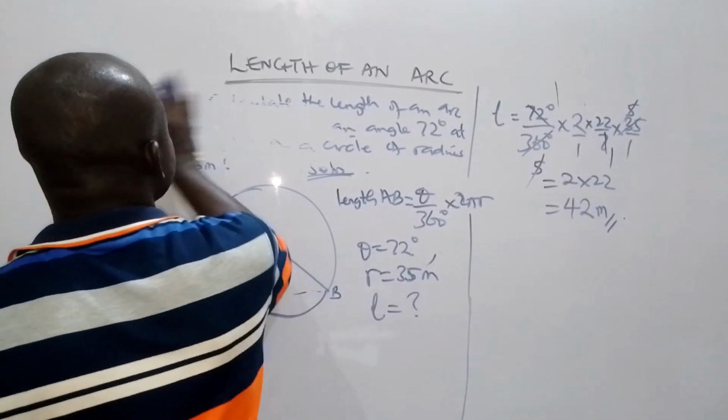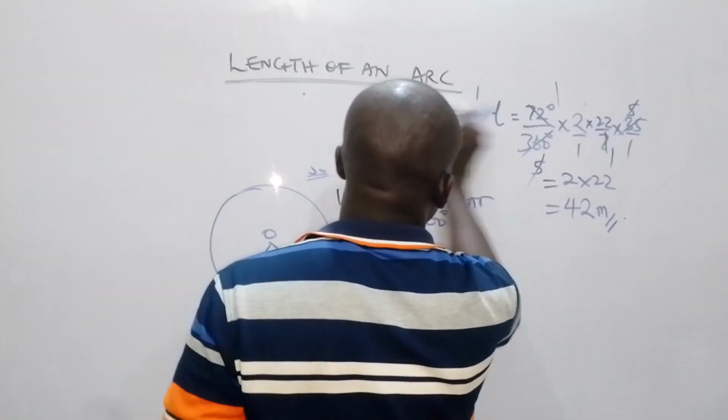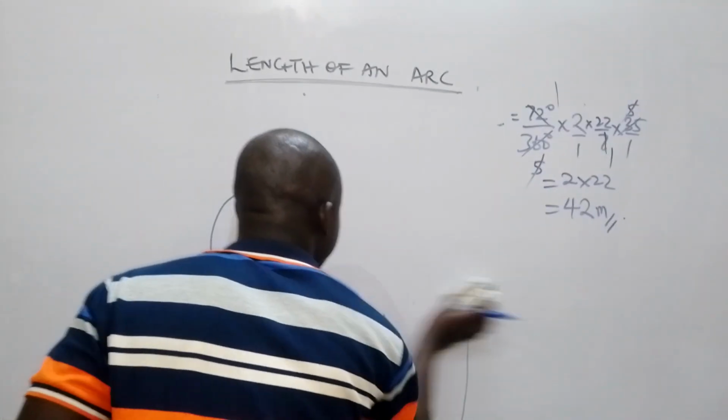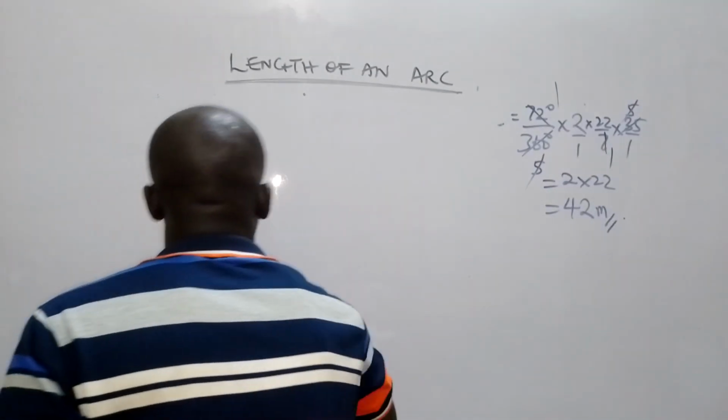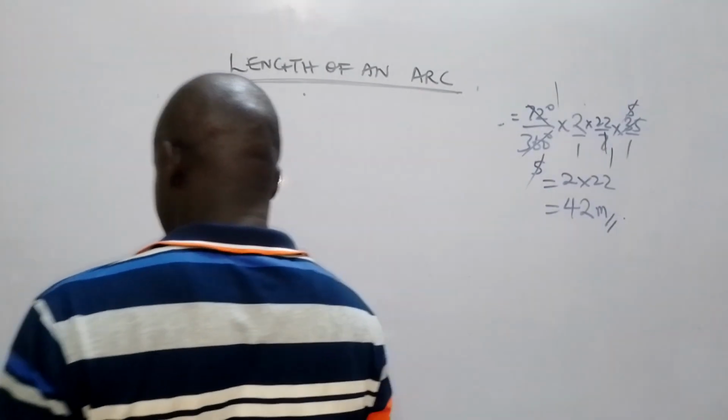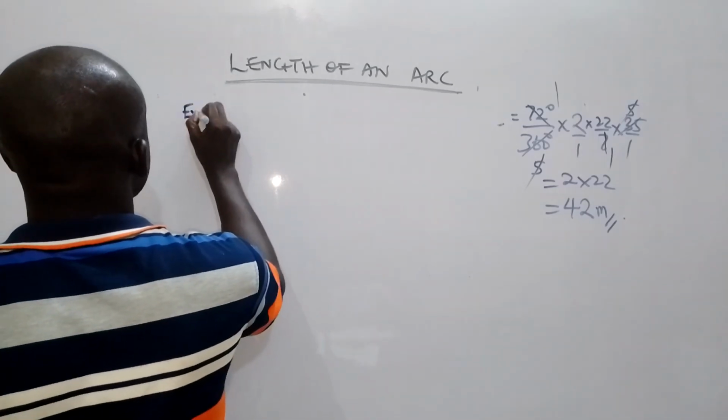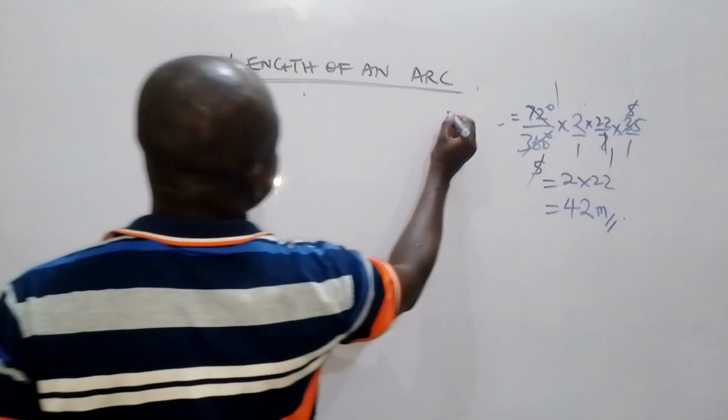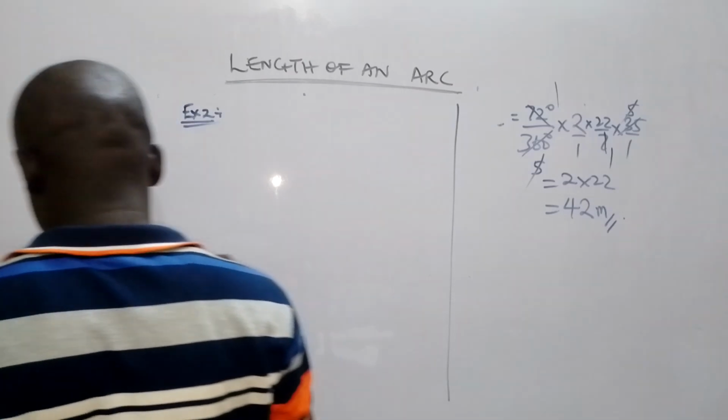We take another example under the length of an arc, say example 2. Let's call it example 2.